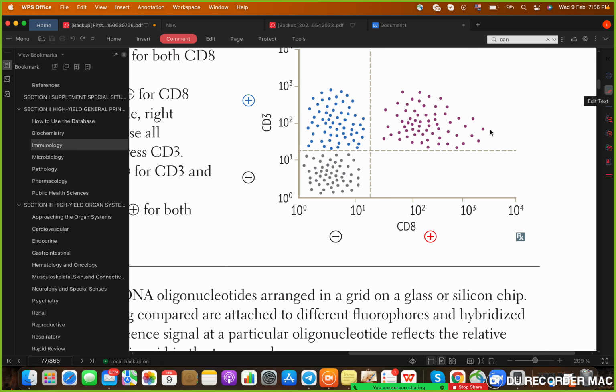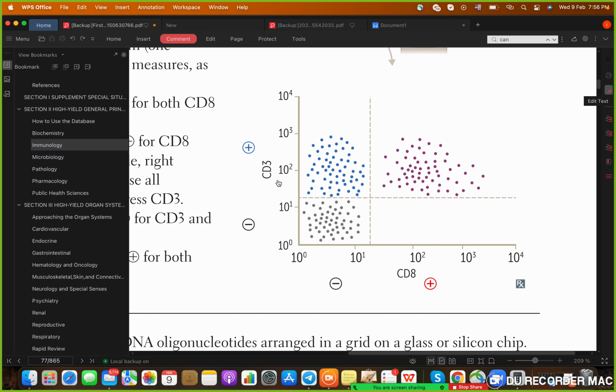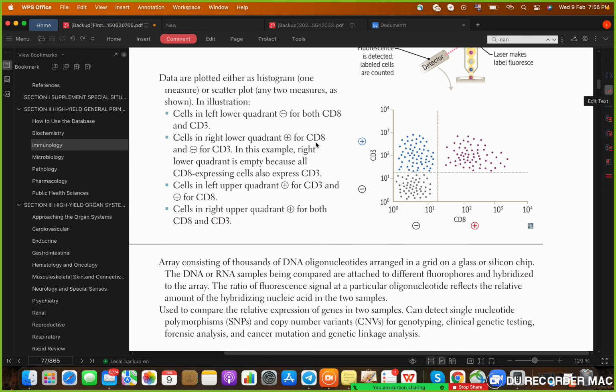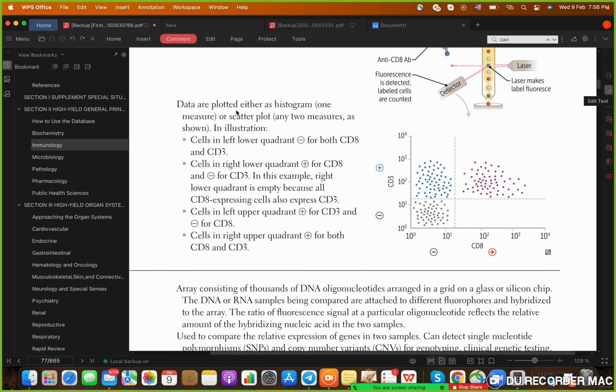What about the cells right here? They are both CD3 positive and CD8 positive, so they are going to be scattered at this location. They write here that data are plotted on either a histogram or a scatter plot.